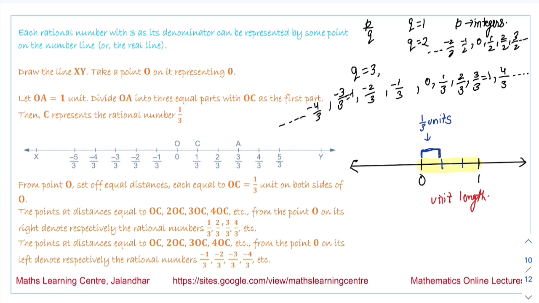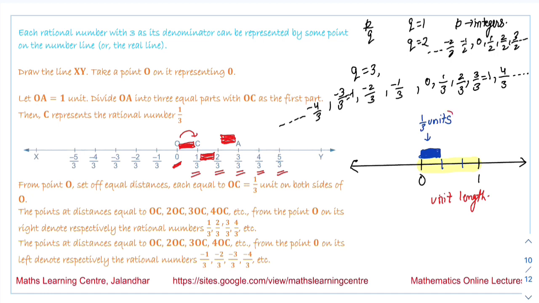Now we are going to take this much length and mark the points on the number line. This is the point 0 over here. At a distance of 1 by 3 unit, this length, we have marked a point. Then at the same distance we have marked another point, and at the same distance another point. These points represent 1 by 3, 2 by 3, 3 by 3, 4 by 3, 5 by 3.